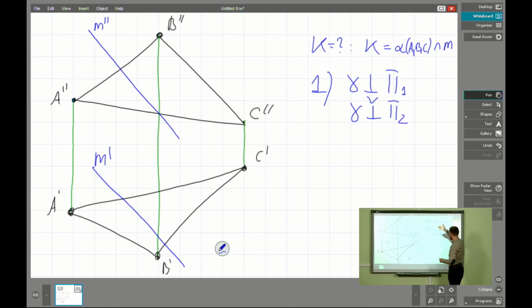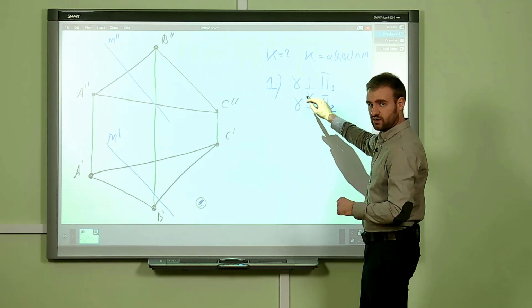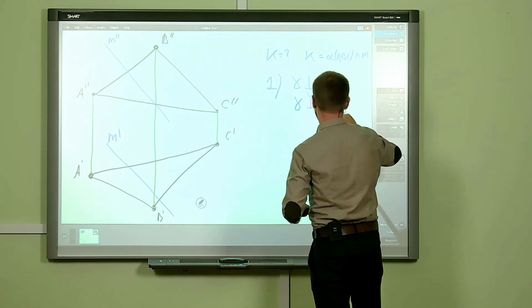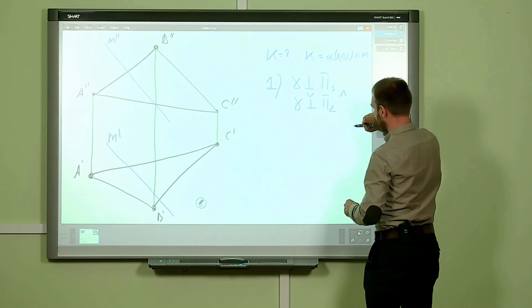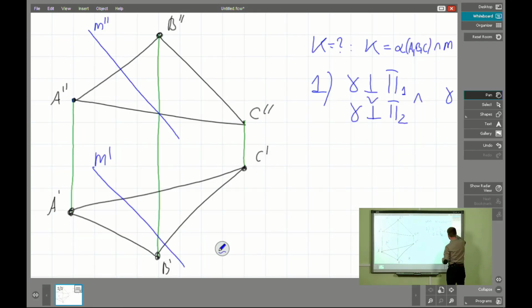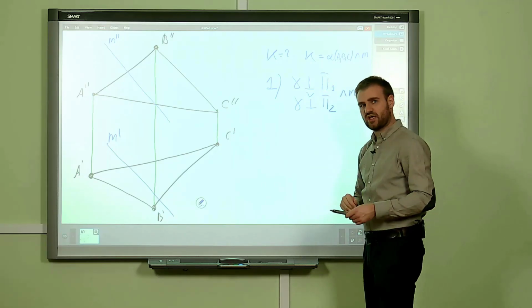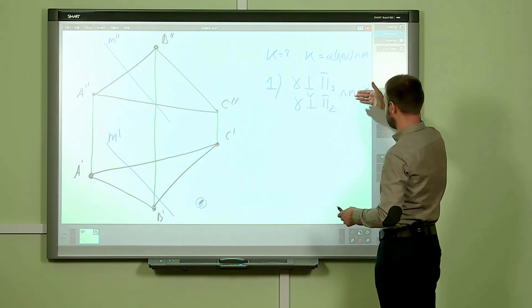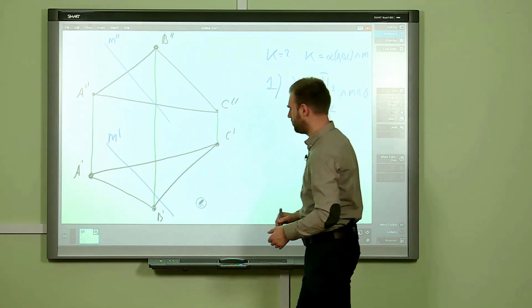Okay, you can choose because here we see or sign, and simultaneously our edge plane gamma has to contain our piercing line M.